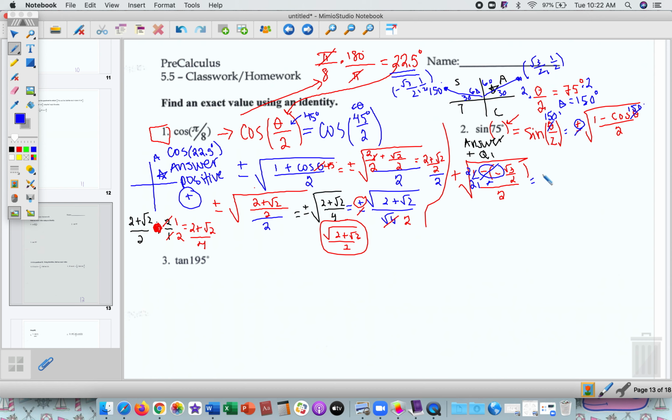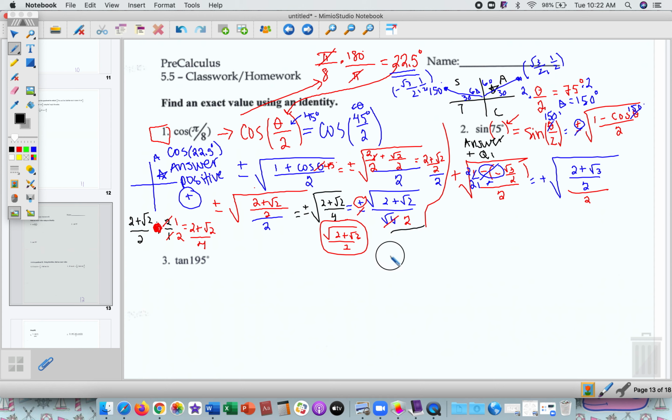So we would have positive square root of 2 plus, right, double negative, root 3 all over 2. And in that denominator, we had the 2, right? This is the top in blue and the bottom is in red. Now we need to simplify. I'm first going to come off to the side and simplify what's under that radical.